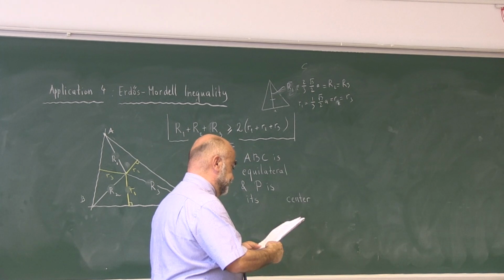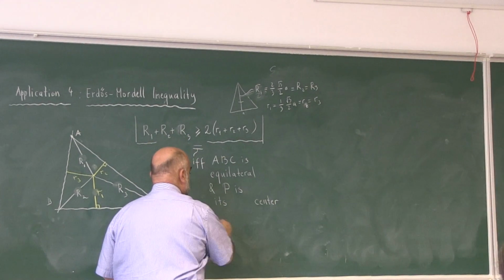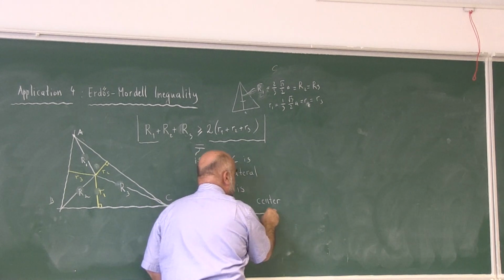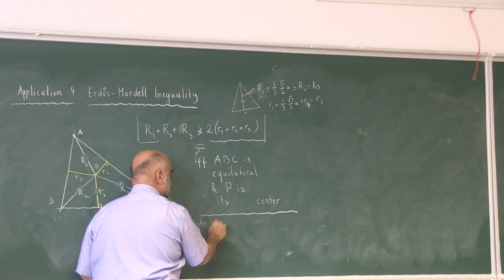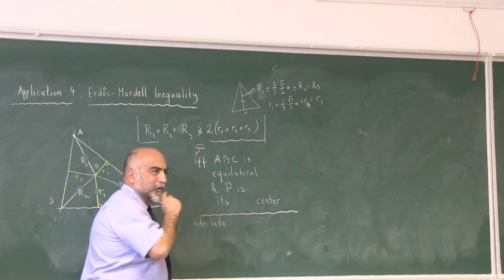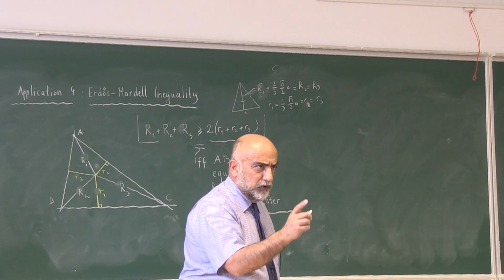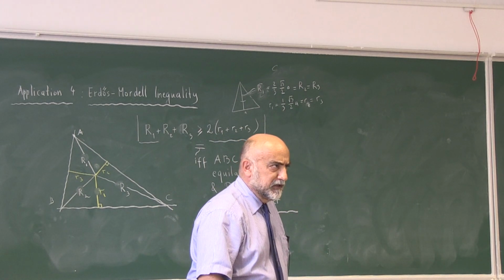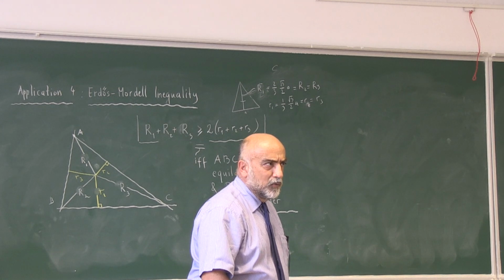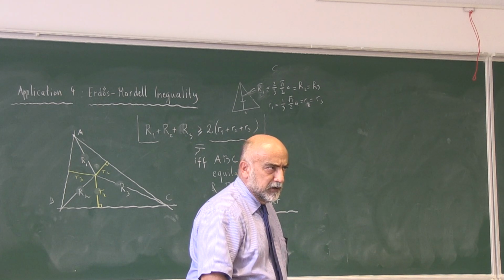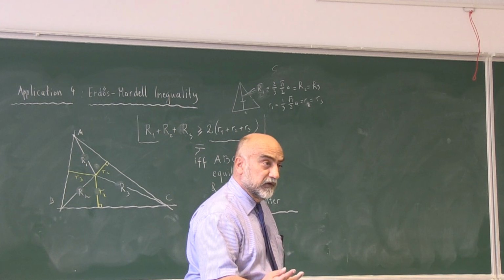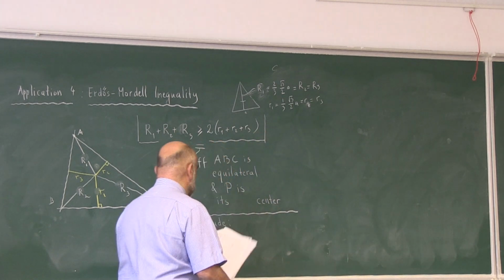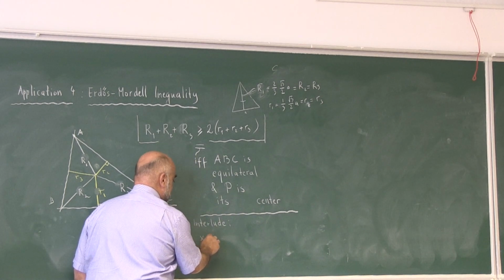Okay, so may I make a brief interlude. Of course, you know that if I give you 2 positive quantities, then the arithmetic mean will be larger than the geometric mean, and the arithmetic mean will be the same as the geometric mean if and only if these 2 quantities are the same. Remember, you've got this, don't you?